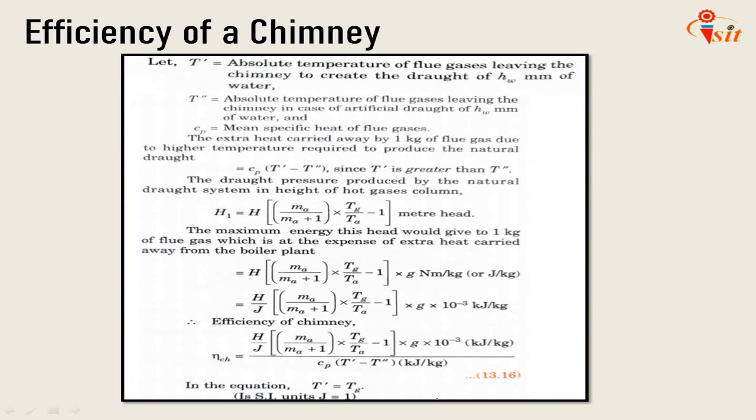Now next is the efficiency of the chimney. The temperature of flue gas leaving the chimney in case of natural draught is higher than that of flue gases leaving in case of artificial draught, because a certain minimum temperature is needed to produce a given draught with a given height of chimney.